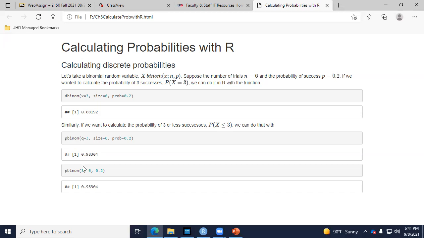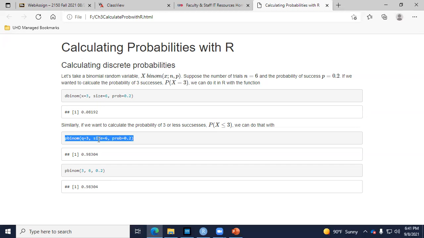A different way you can do this is to ignore the argument names like q equal, size equal. You can just write it directly. But I think the best practice is to write them out, because sometimes it will be confusing when there are multiple arguments and you leave out required arguments, which will be problematic.